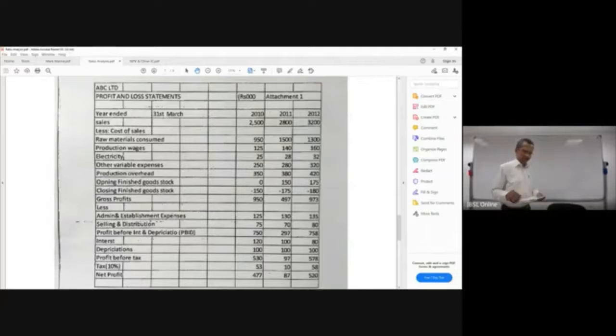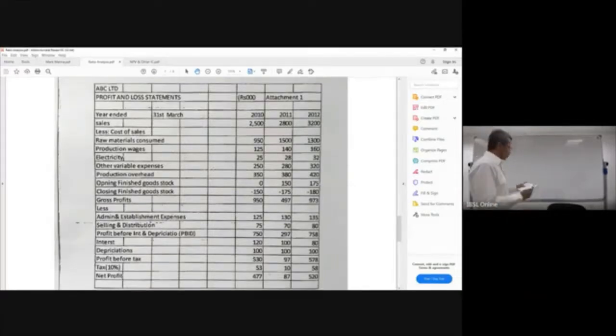Right. Now we'll see 2011 and 2012. First is the gross profit to sales ratio.